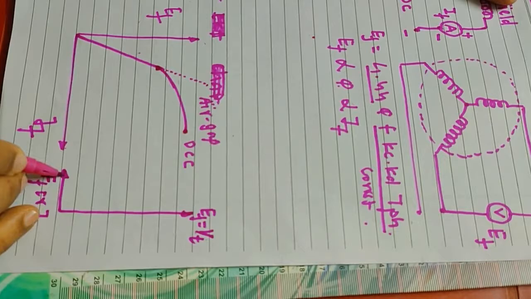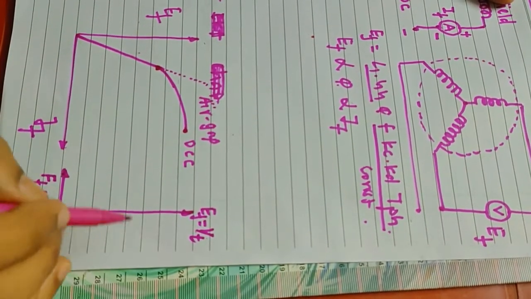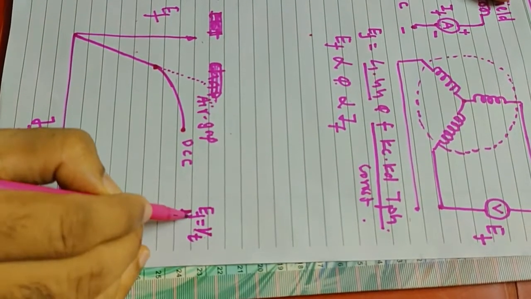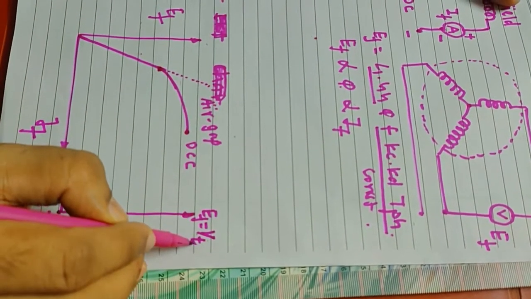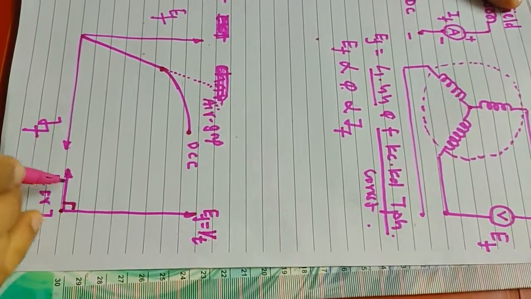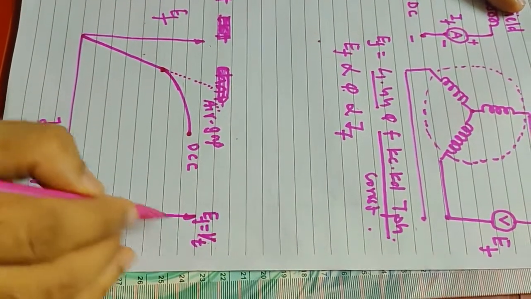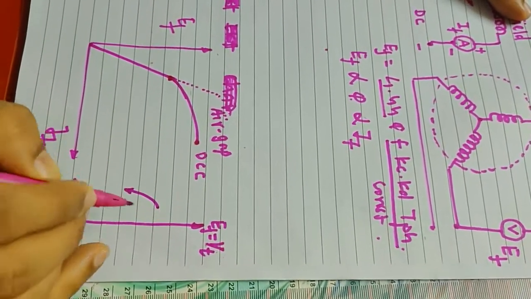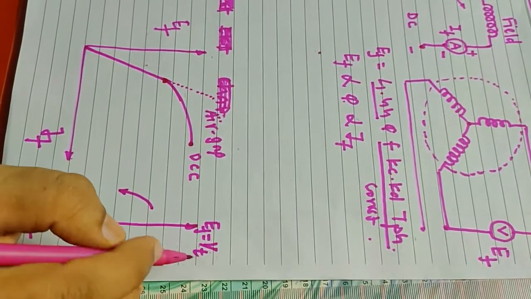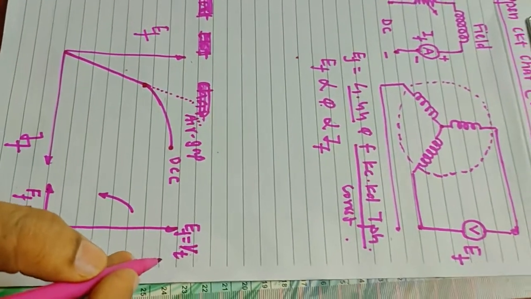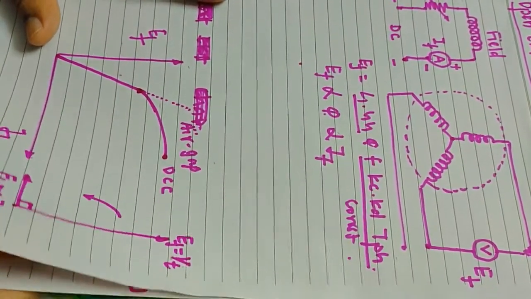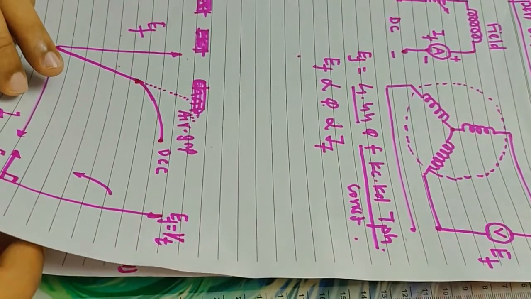This field MMF FF is inducing the excitation EMF EF, which is equal to the terminal voltage VT, and EF is lagging the field current by an angle of 90 degrees. This is the no load phasor diagram of the cylindrical rotor synchronous generator. So this was about the open circuit characteristics.